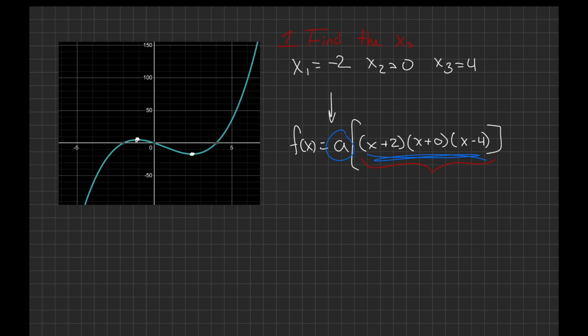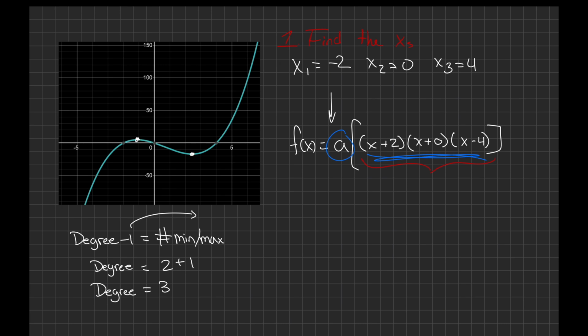And so that means from our equation, we know that the degree minus 1 is equal to the number of mins/maxes. And so the degree of this should be 2 and then plus 1, because we send that to the other side, which is equal to 3. So the degree should be 3.